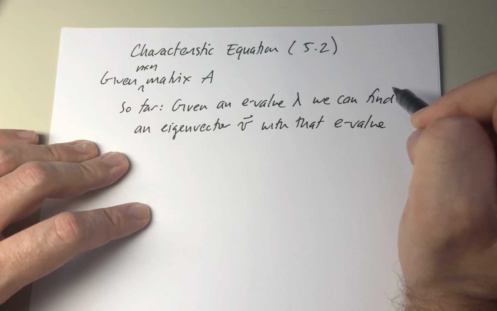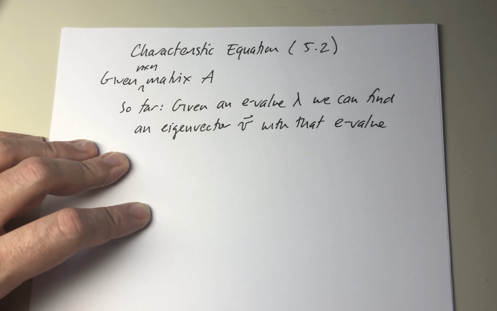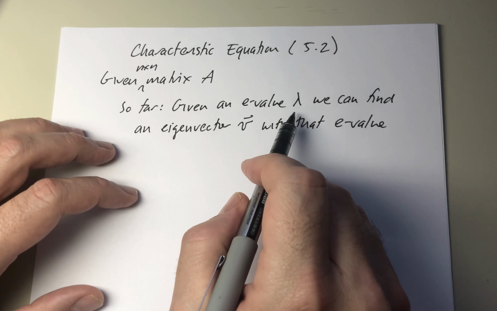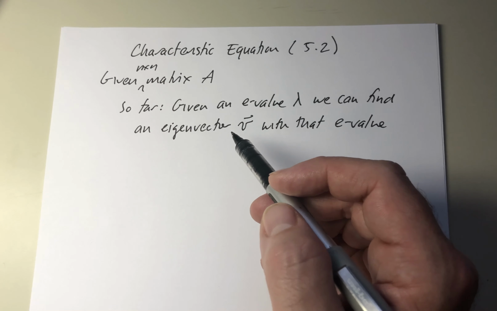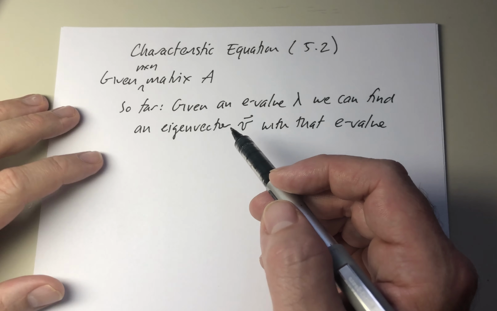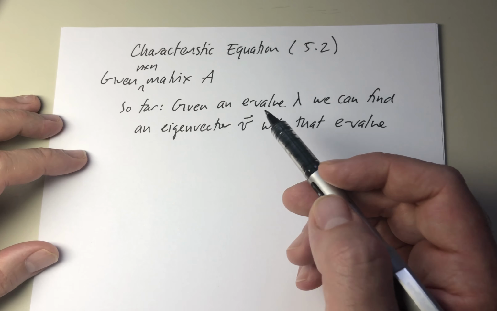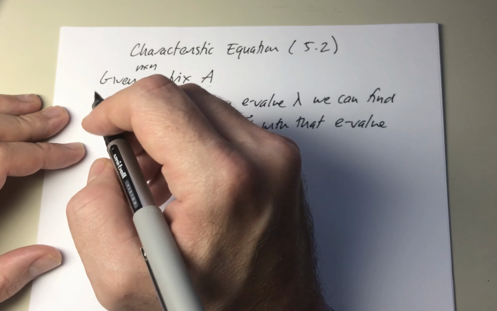Remember, last time we looked at a certain null space, a certain solution set of a homogeneous system determined by this lambda, and we can get all eigenvectors with that eigenvalue. That will be the non-zero vectors in the eigenspace. Okay, so that's what we did last time.